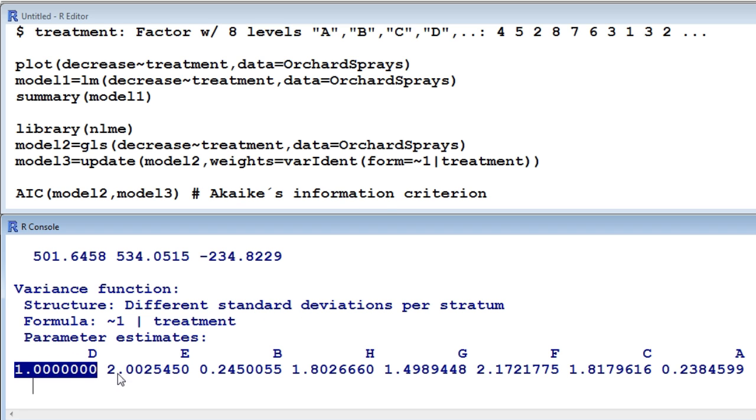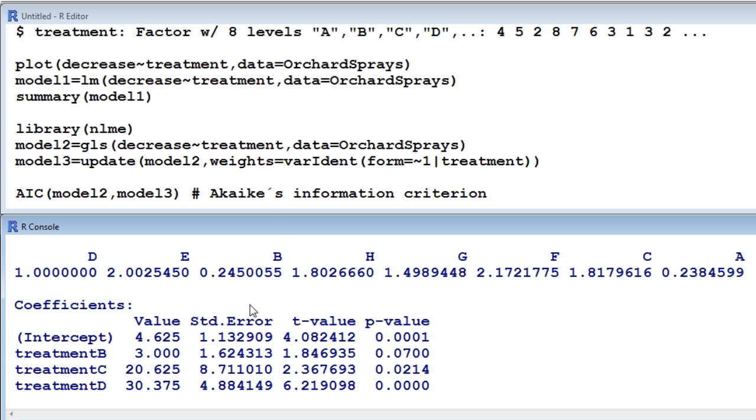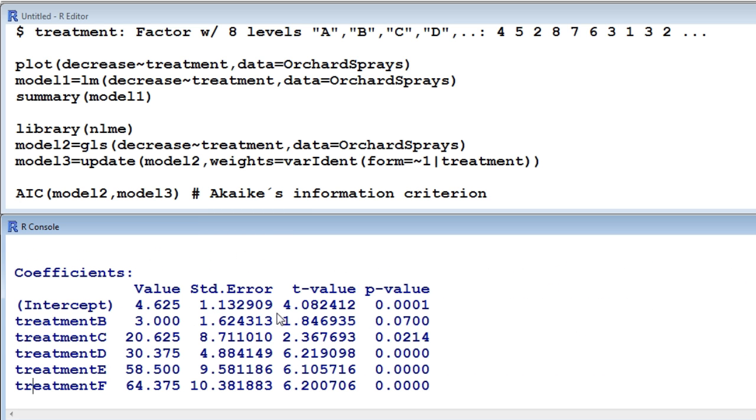Anyway, so you can see that there are different variances for each treatment now. The model accounts for that. And we now get, this is the most important thing, if we remember from the first model, the standard errors for all these treatments down here, for B, C, D, E, F, and so on, were always the same. But now in this model, the standard errors are different.